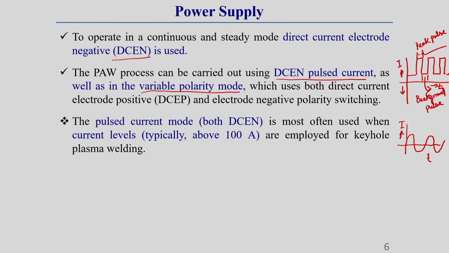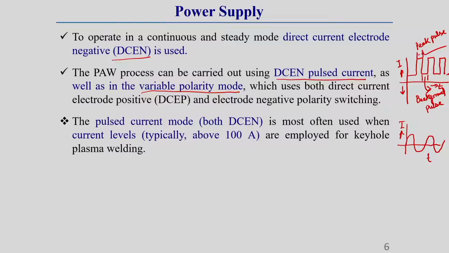So, in one cycle more heat will be generated in the electrode, and in another cycle less heat will be generated. So, there will not be continuous heating of this electrode, and there will be less chance of melting of this electrode. So, sometimes variable polarity is also used in the plasma arc welding process.